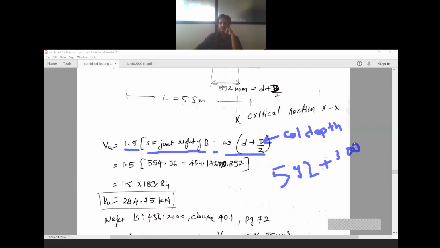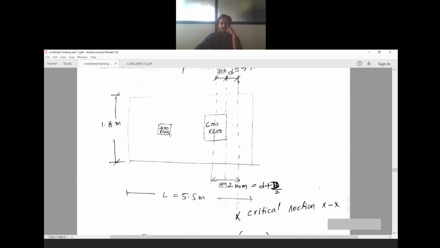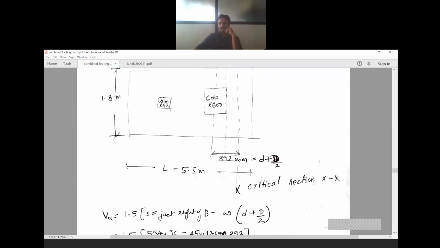What is d? 592, right? Plus 600 by 2, which is 300. So 300 plus 592 is 892, which is what I have written here. In the diagram, you can observe that from the center of the column to the critical section, the distance is 892.